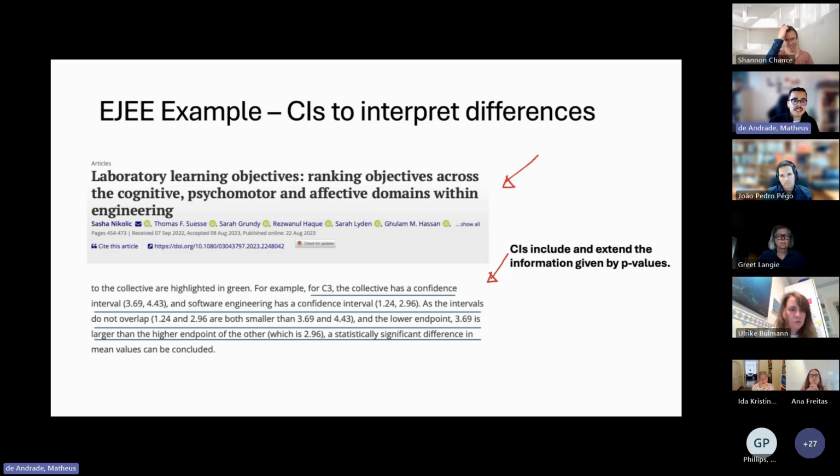So they were testing some specific learning outcomes, like, for example, learning outcome C3 for cognitive 3. And a certain group had a confidence interval that was consistently larger than another. You see that the lowest bound of this interval, 3.69, is higher than the upper bound of this other one, 2.96. And they started interpreting that as differences between the groups.